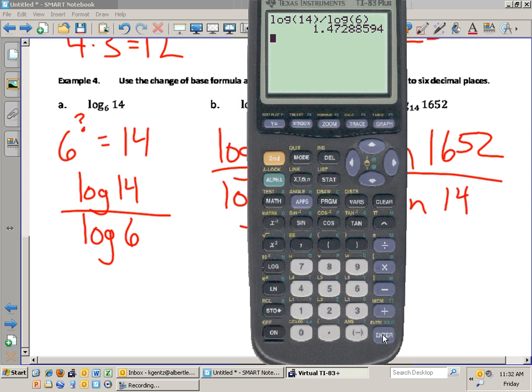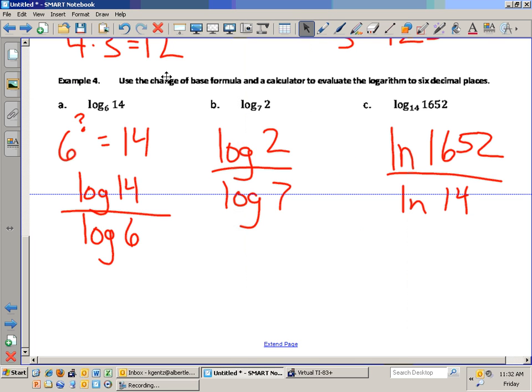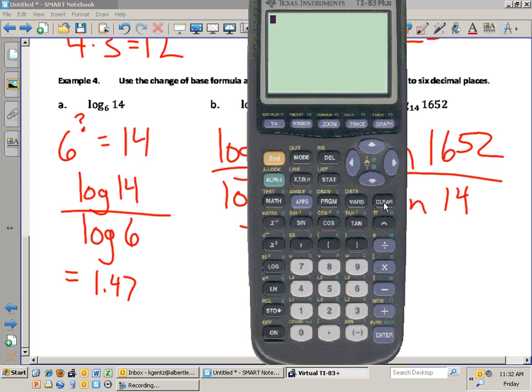And if you do that, you get 1.47. Now it says to write it to 6 decimal places, which you should do. But what that means is if I take 6 to the 1.47 power, I should get 14. And you should write it to 6 decimal places so that it's accurate. But if you try that, 6 to the 1.47, you notice we come up with a number very close to 14.